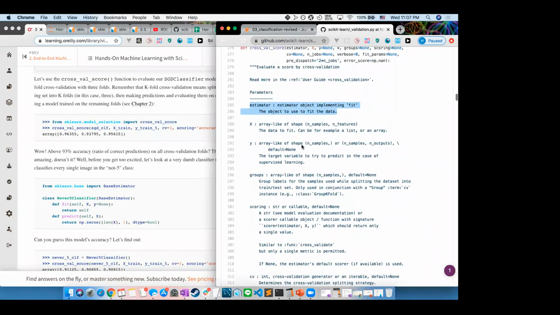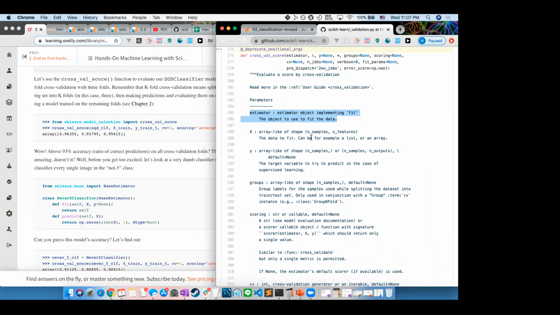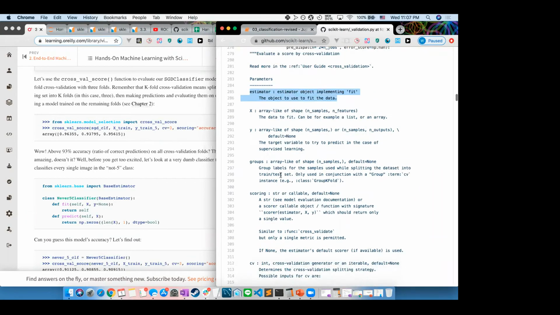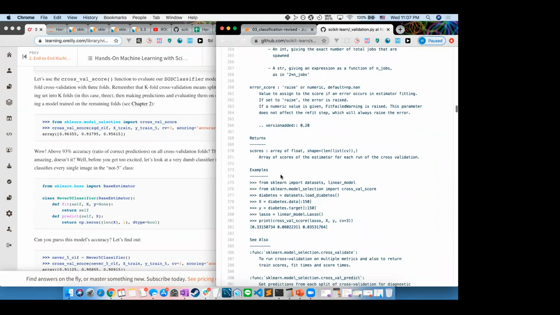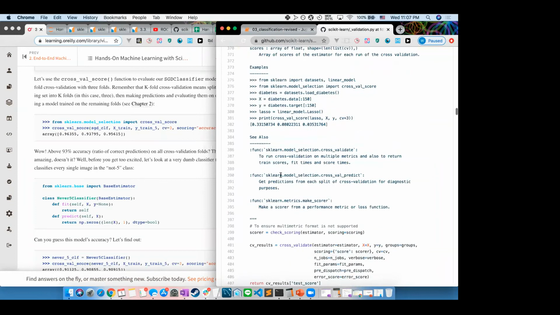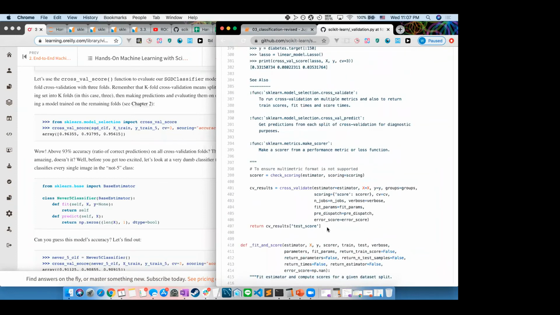It must be. It will probably be trained again under cross-val score, if I'm understanding this correctly. I thought that's what you were asking about.